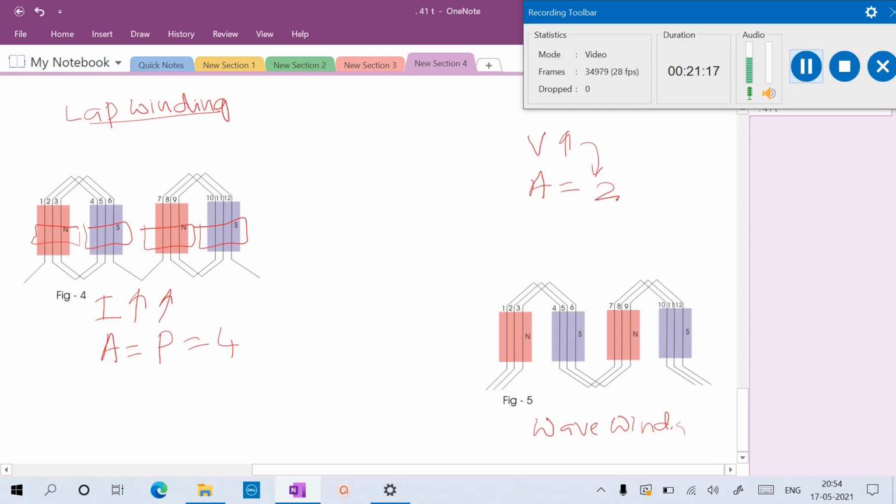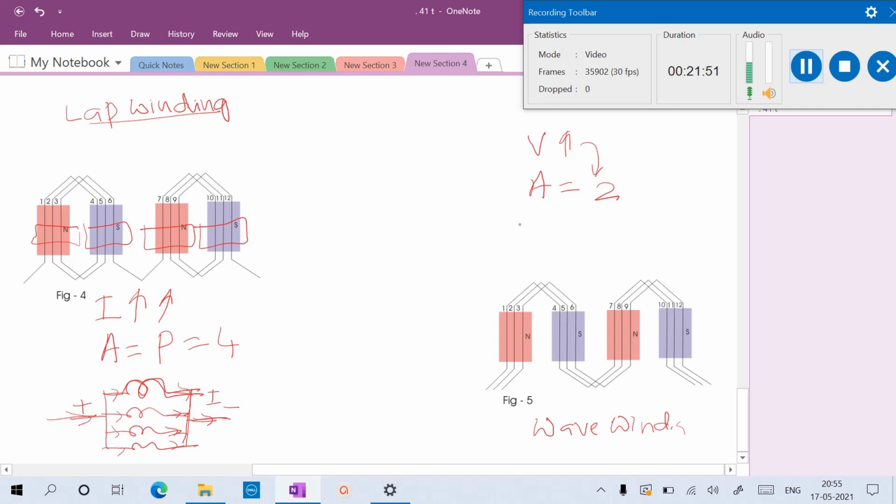That means here there are 1, 2, 3, 4 parallel paths connected, with this one plus and this one minus. Each path generates some current, and each current is collected here. As per Kirchhoff's law, the sum of the currents entering here is the current generated, or in a motor, whatever current enters is shared equally among the parallel paths.